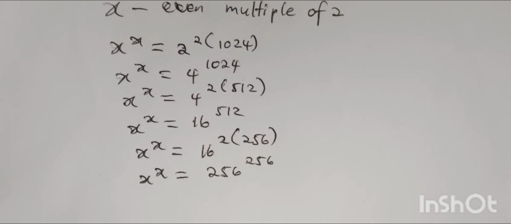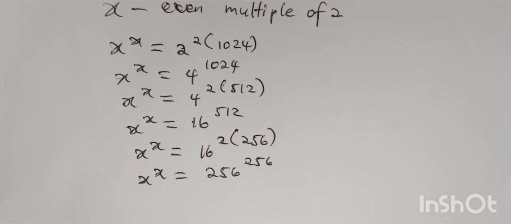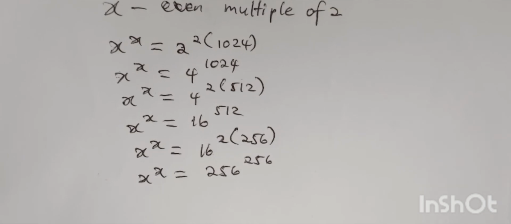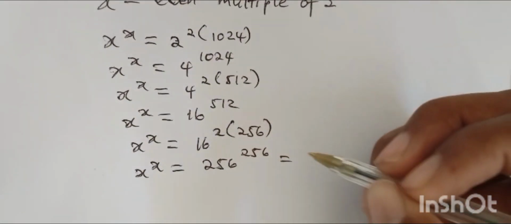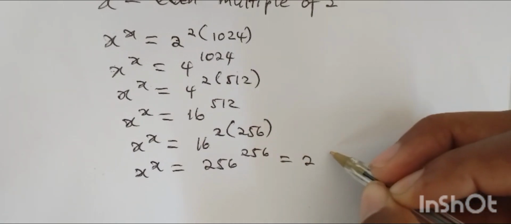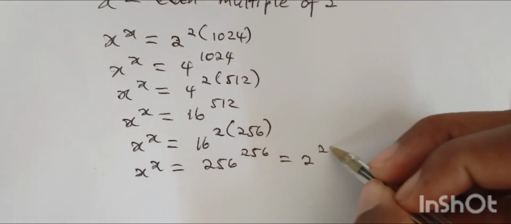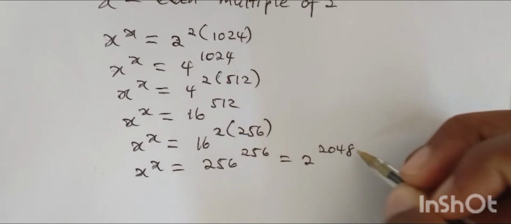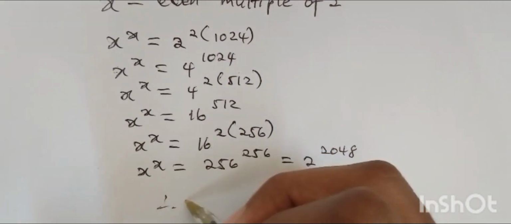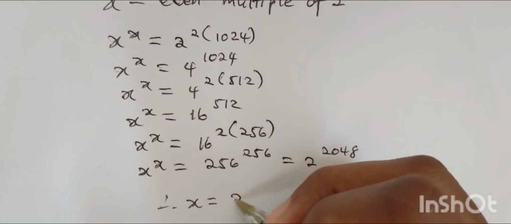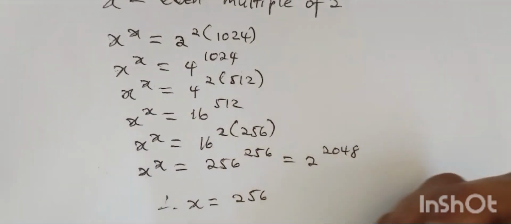Voila! You see that? Now we have the base that is equal to the exponent, which is also equal to 2 raised to 2048. Therefore, x must be 256.